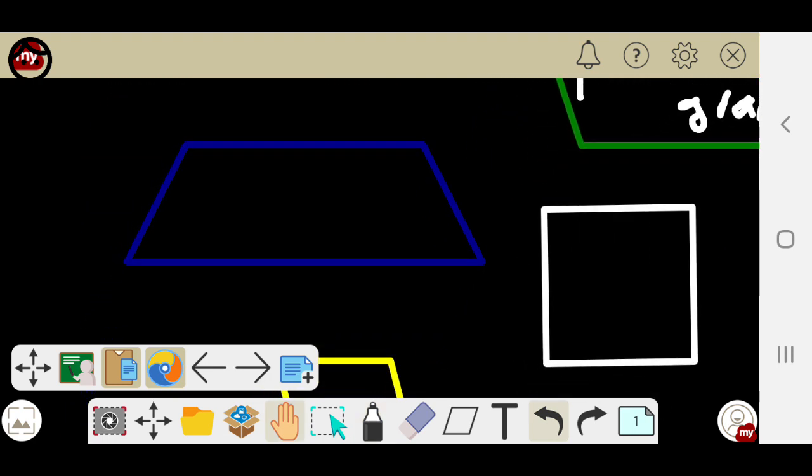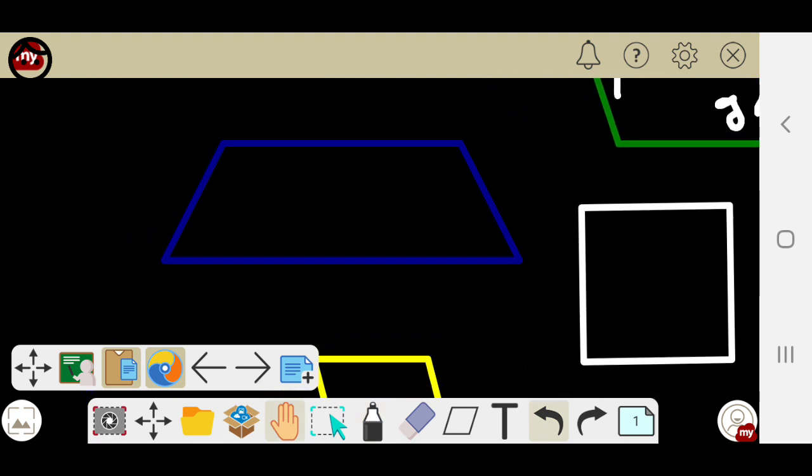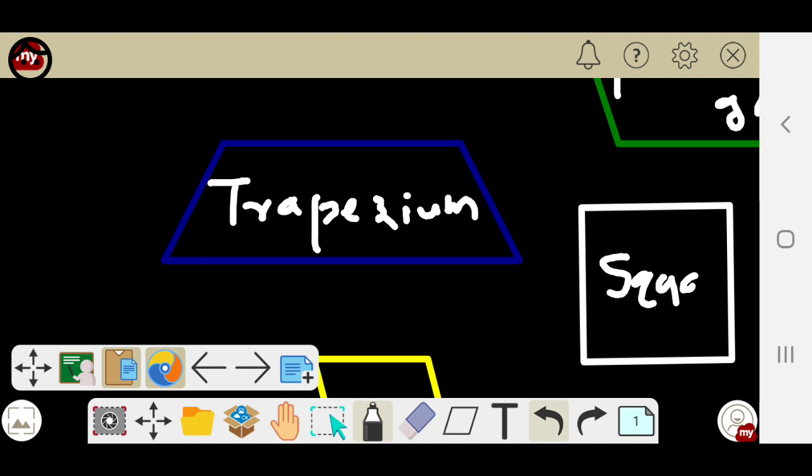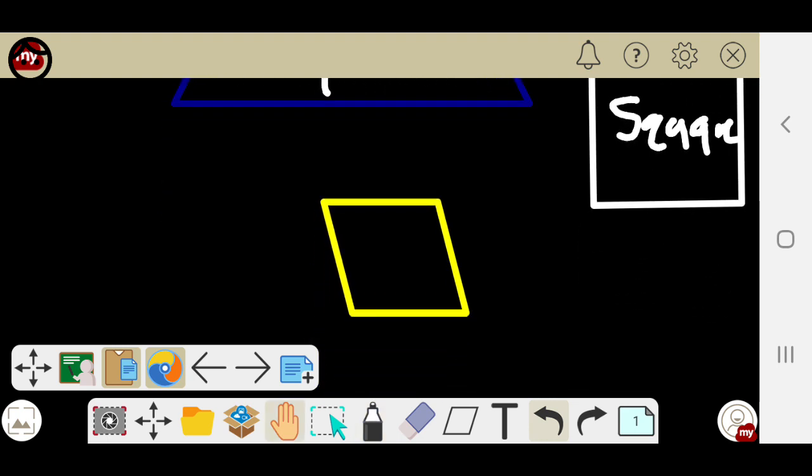Then this one is a trapezium. Yes, you already know this. This is a square. This one is a rhombus. Okay.